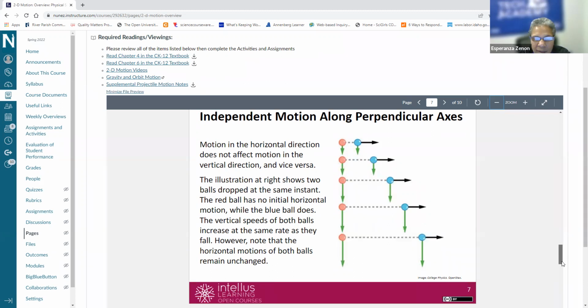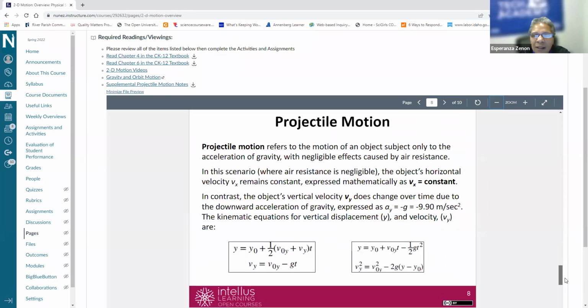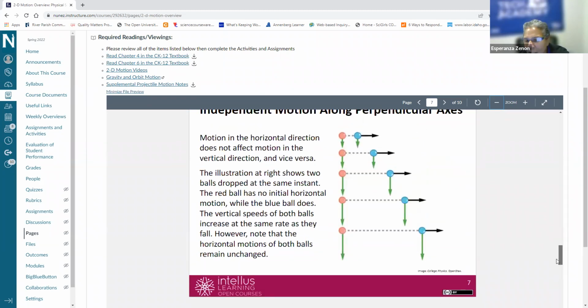Okay, so that means that we have a clear-cut way to explain quantitatively the motion of this projectile, an object moving like the blue object that we just looked at. The red object is technically a projectile, but we're never going to call the red object a projectile. We're just going to say that's an object that's in free fall. We're going to call the blue object a projectile because it has horizontal and vertical motion.